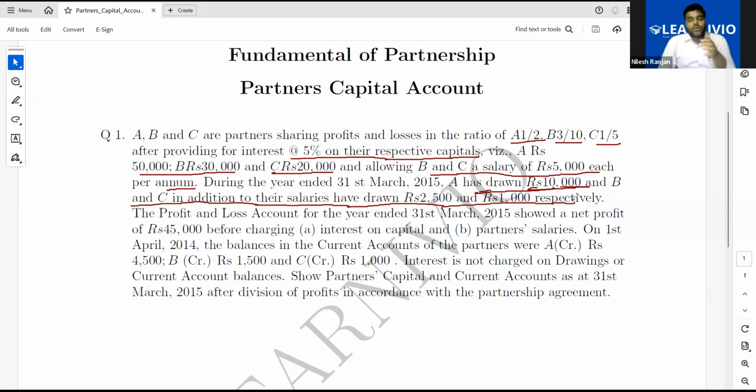So it means whatever their salary is, this amount will be added to their salary and that will be the drawing. B and C's salary is already written there, 5,000 each. And if B has withdrawn 2,500 in addition to his salary, it means B had withdrawn 7,500 and C has withdrawn 6,000.